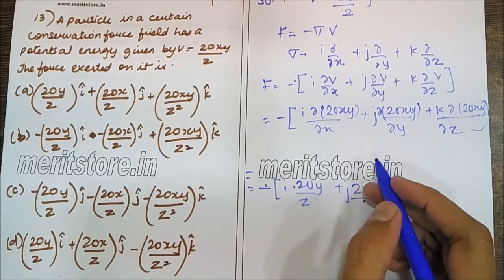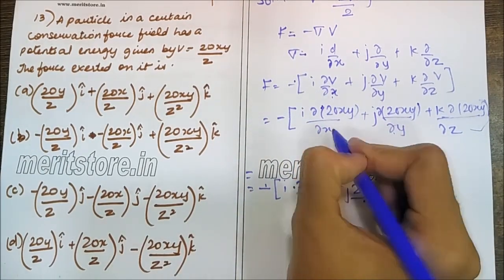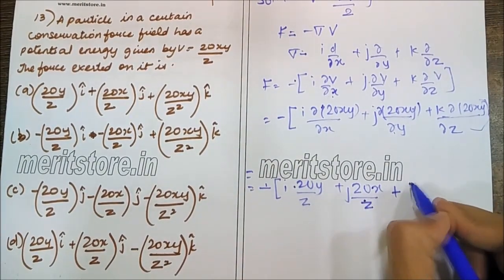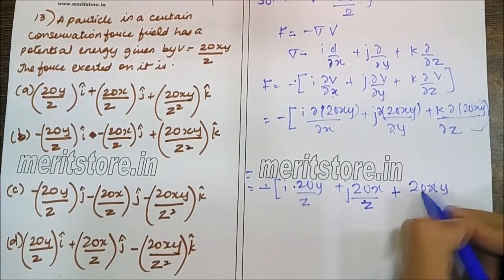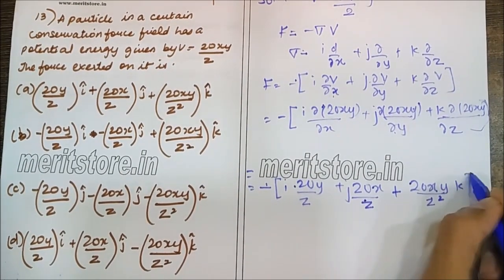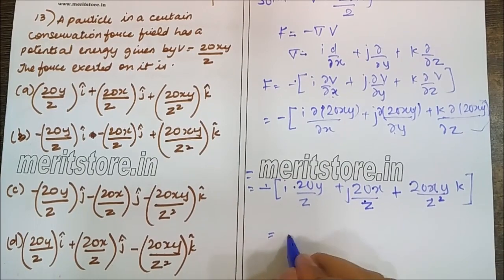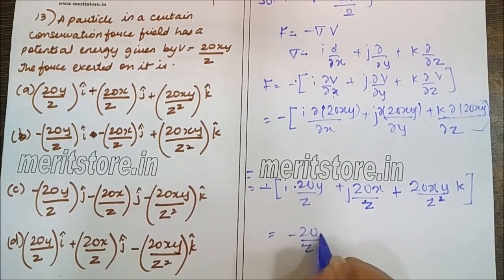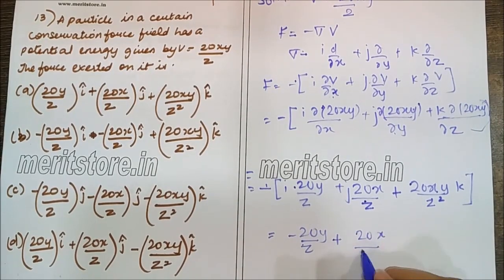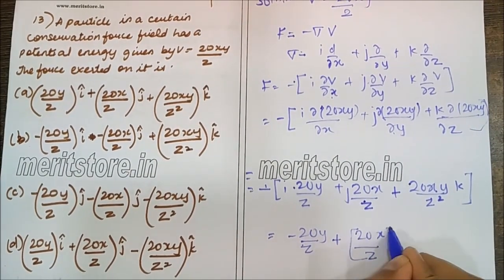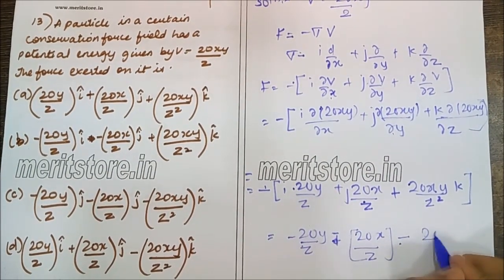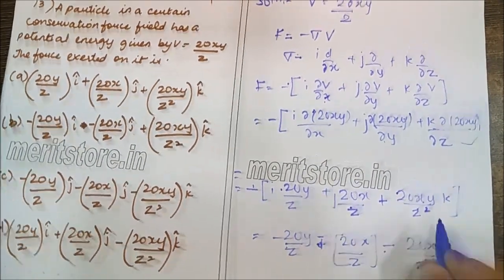Okay, so that is 20xy differentiating with respect to z, we get minus 20xy upon z square, that is k. Okay, so this is the equation, that is minus 20z upon y plus 20x upon z, putting the minus sign inside, minus 20xy upon z square.